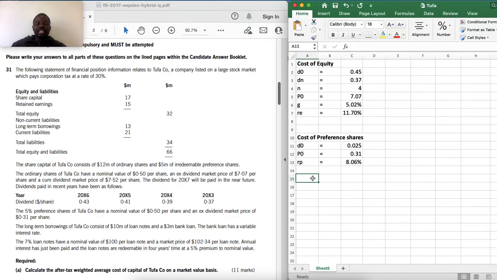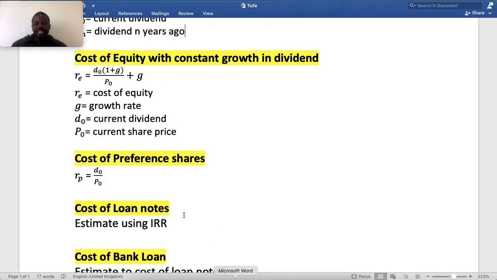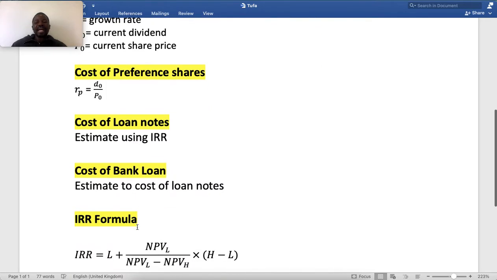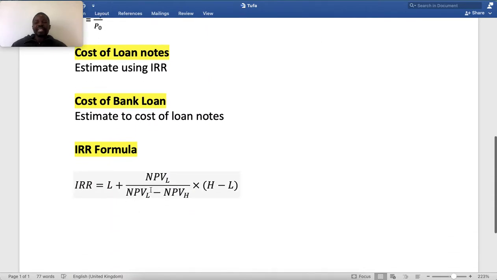Now let's go and calculate the cost of the bank loan, the loan notes, cost of loan notes. This one we said we will use the IRR, and the IRR formula is this one.